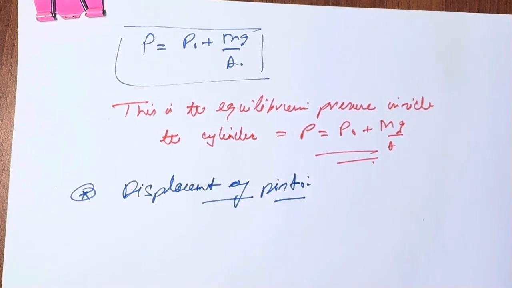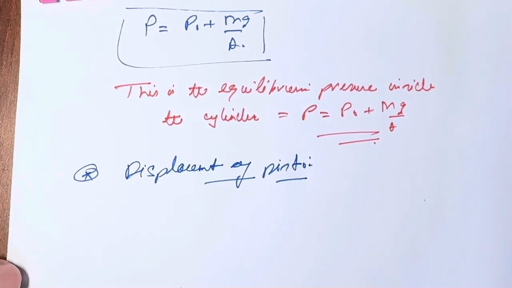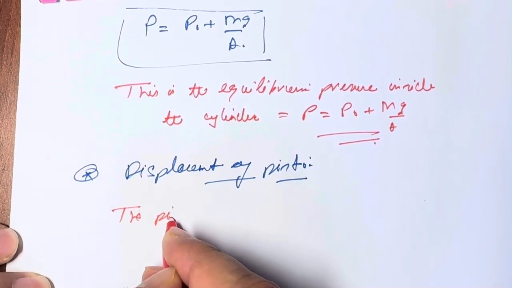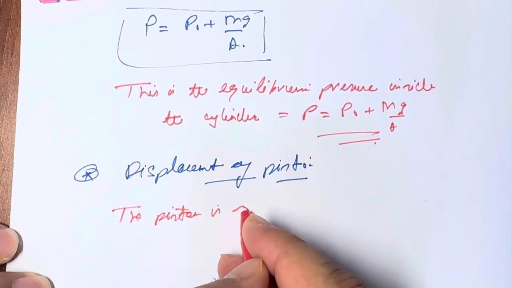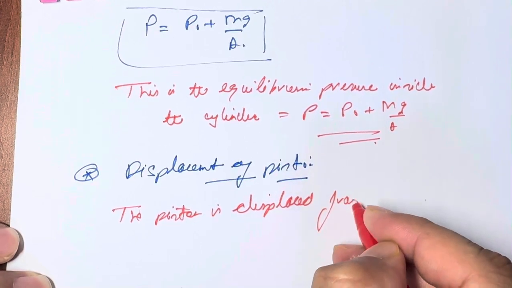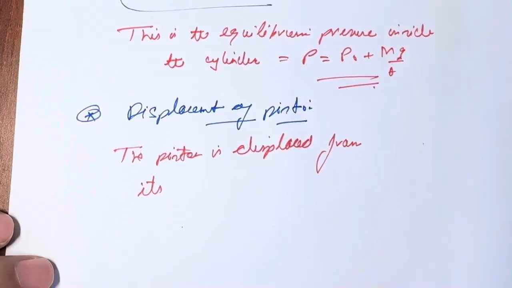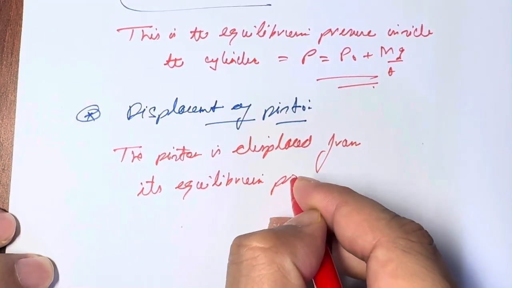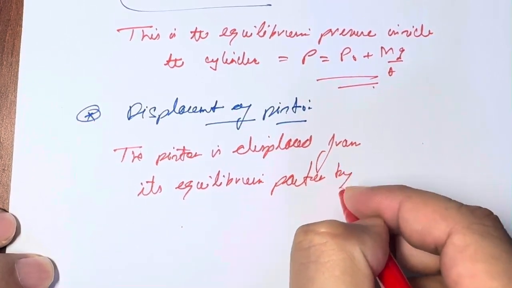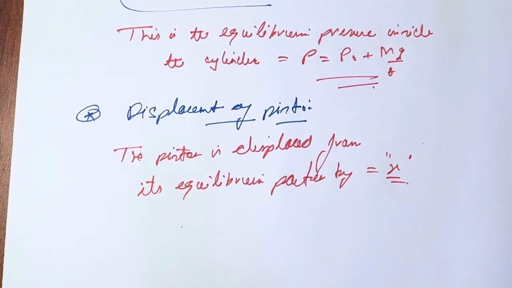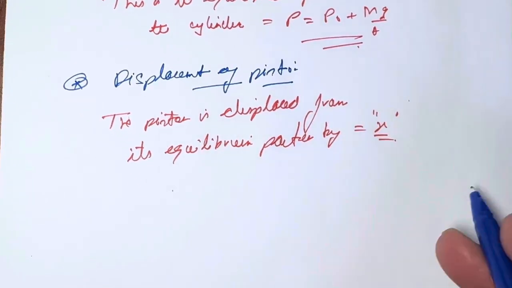So we say that the piston is displaced from its equilibrium position by a small displacement x.